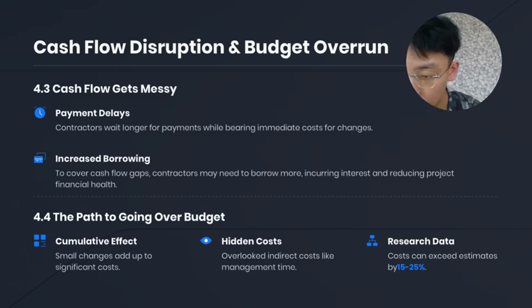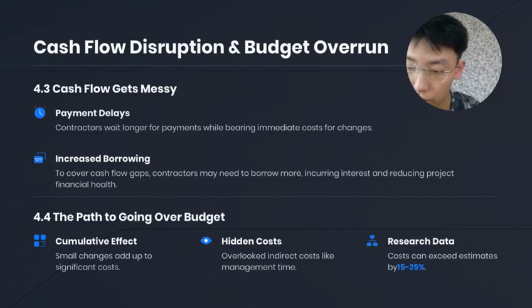Next is cash flow disruption and how budgets are exceeded. Contractors may wait longer for payments, while needing to spend immediately on redesign and new materials, which creates financing pressure.